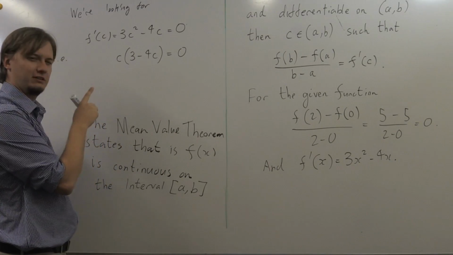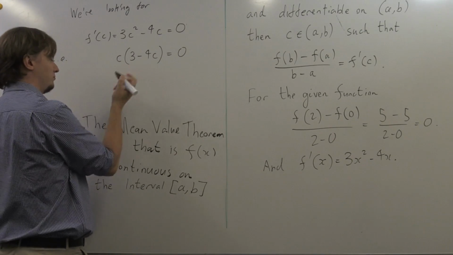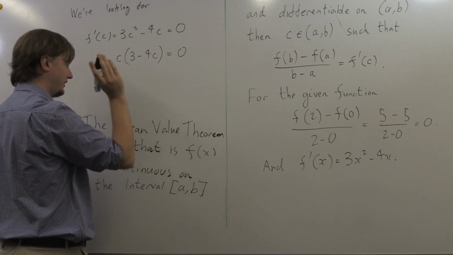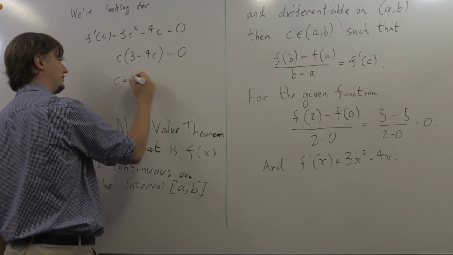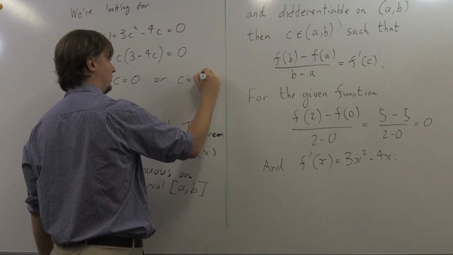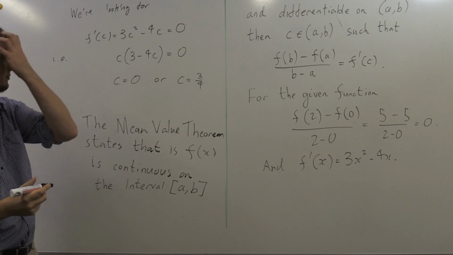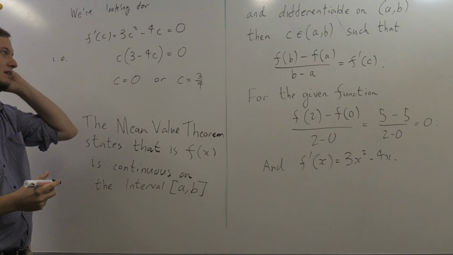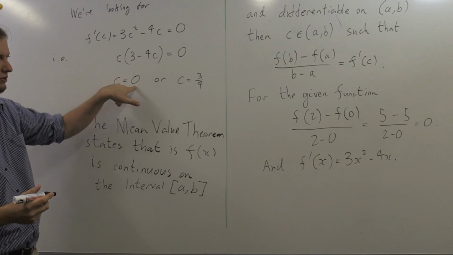Now, if we're looking at this, I can actually see two solutions to this. So, well, if I'm just looking for this equal to 0, forgetting why I was looking for c, I would come to the conclusion that c was equal to 0 or c was equal to 4/3. So these both give me derivative of f equal to 0. But, well, this wasn't the one that was promised to me.